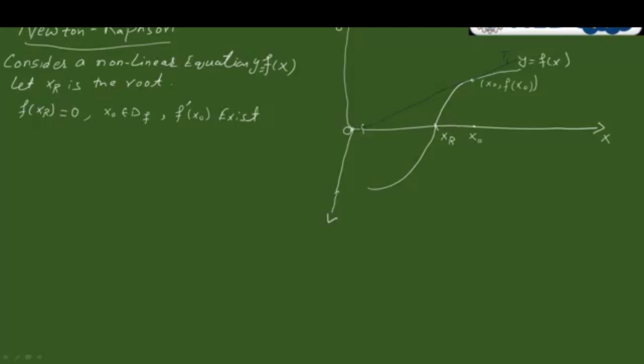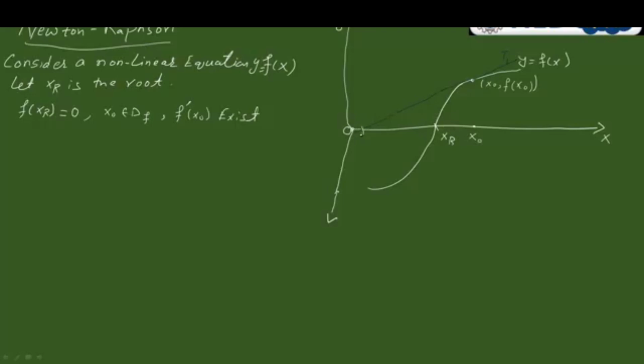It may intersect very far away, but it must intersect. Let's say it is intersecting there, in this hypothetical graph. So we obtained a tangent based on x naught, the initial guess point, and the tangent is a line intersecting the x-axis at some point.